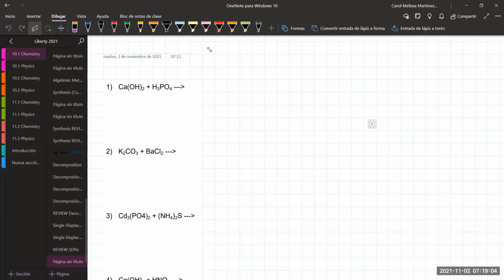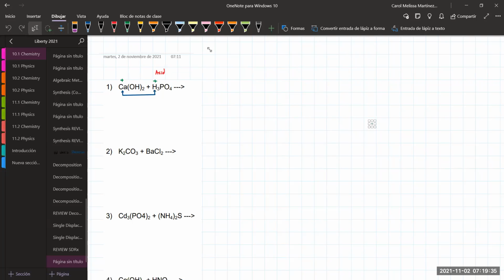Anyways, so cation, we have calcium, and we have hydrogen in the case of an acid. Okay, just remember this is an acid, so we take hydrogen as the cation. So what is going to happen is that we're going to change the position of the cations.